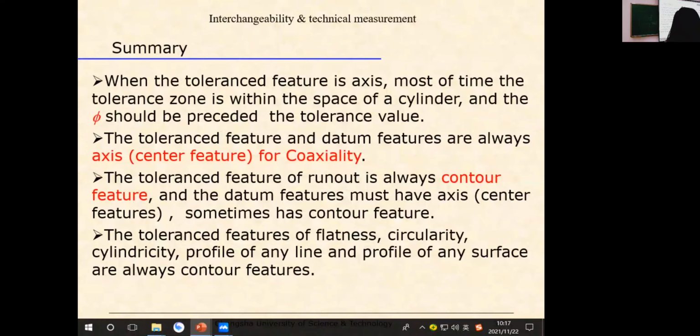The center features sometimes have control features. The tolerance features of flatness, circularity, cylindricity, profile of any line and profile of any surface are always control surfaces. Like this one, there's no datum. How is this described: the flatness, circularity, or cylindricity. That is like the surface. There's no datum. This is accepted.